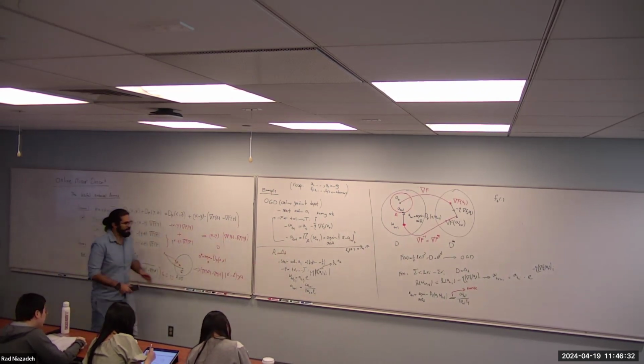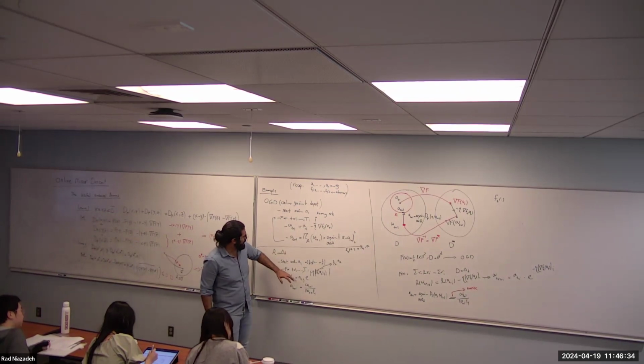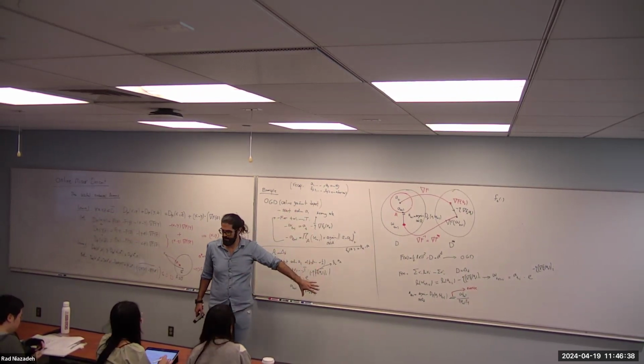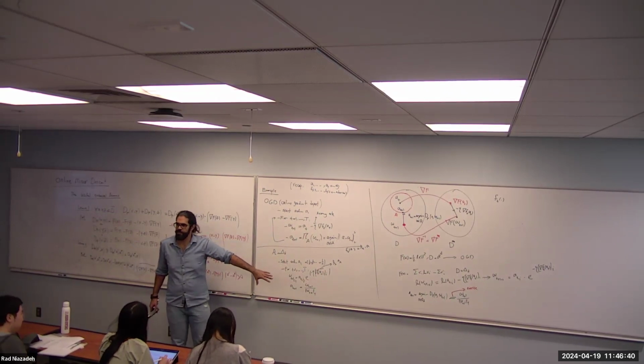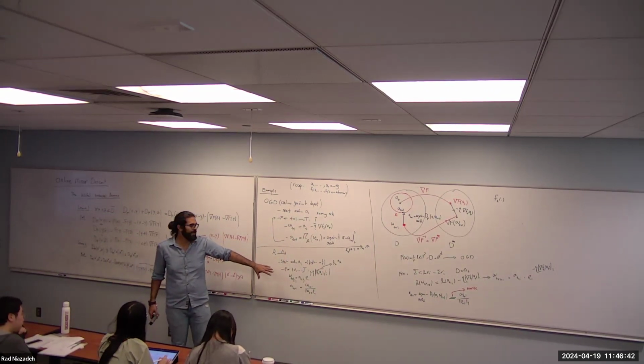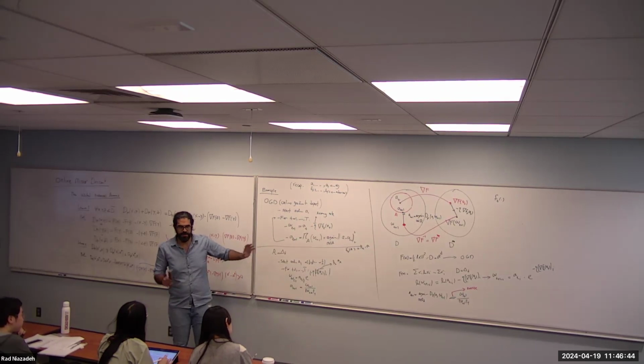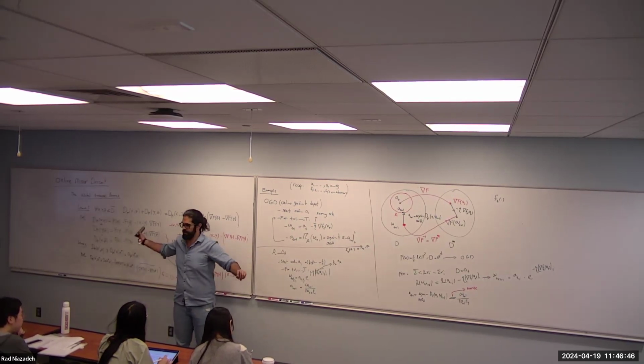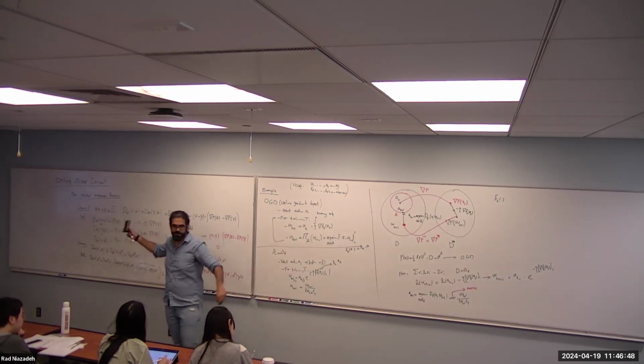You might have seen an analysis for OGD, and Hedge analyzed with a multiplicative weight update using a potential function argument. But really, all of those analyses are special cases of the one that I'm going to show you, and this one is the shortest.